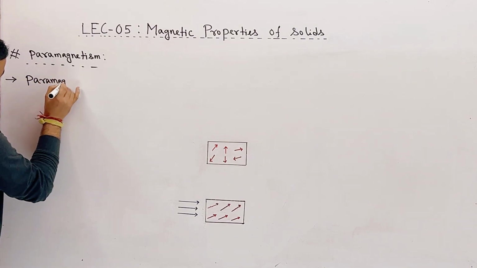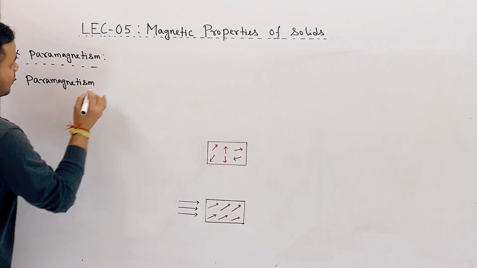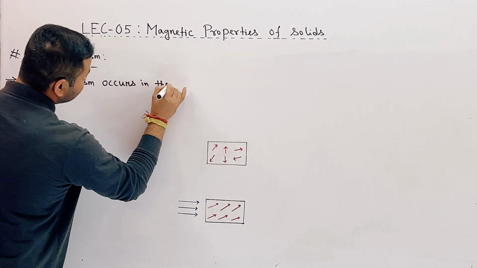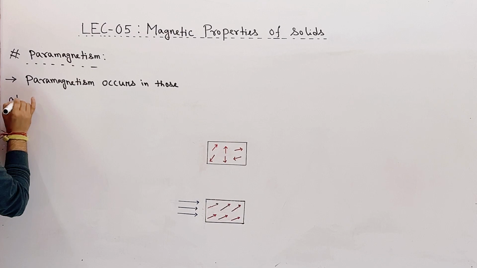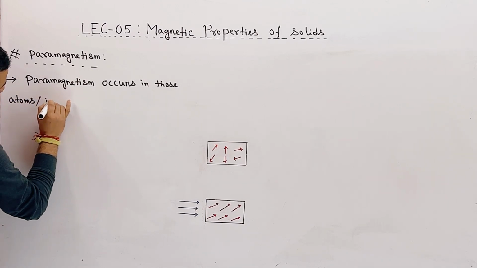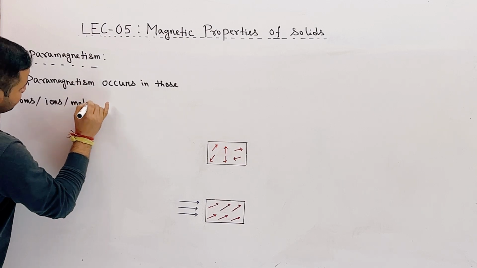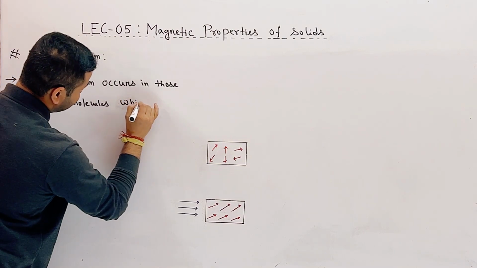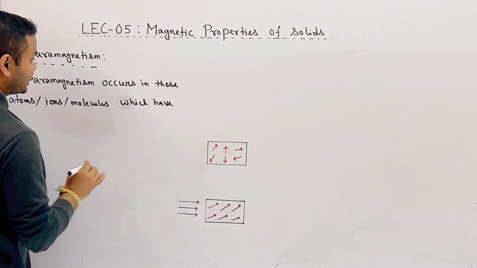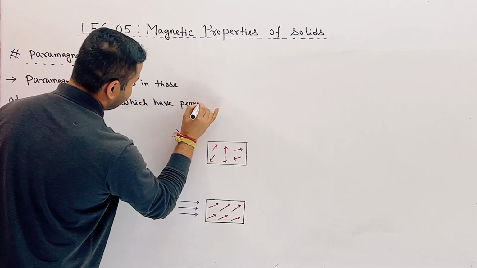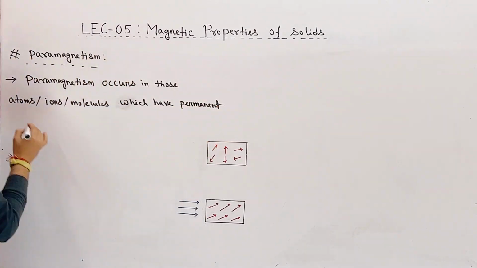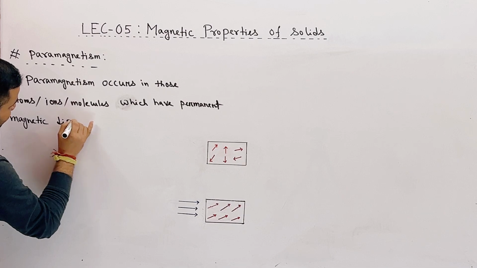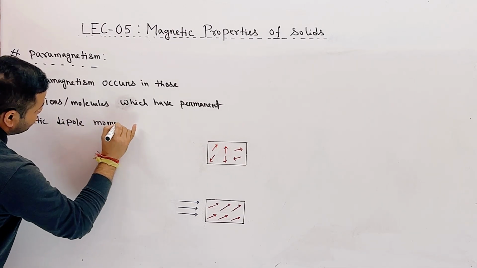Paramagnetism occurs in those atoms, ions or molecules which have permanent magnetic dipole moments.